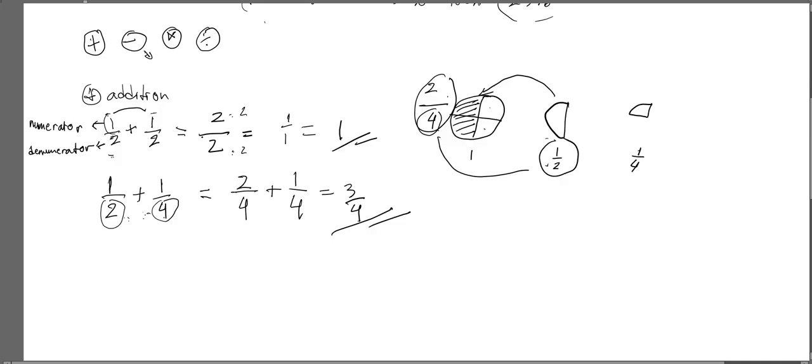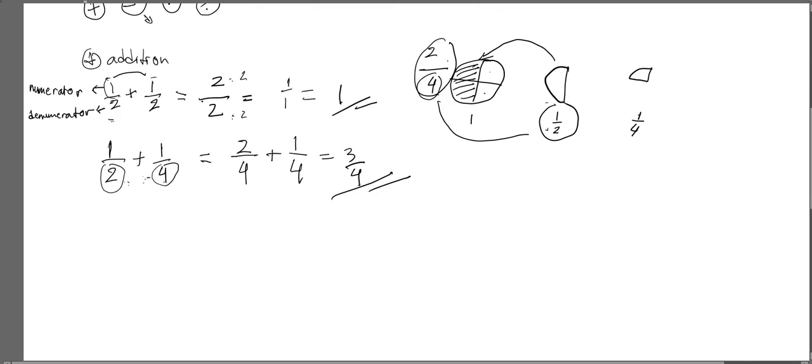Okay, so maybe I would like to explain with another way. If you are familiar with KPK in Indonesia, or in English, the least common multiple of those numbers, I can't say the name.